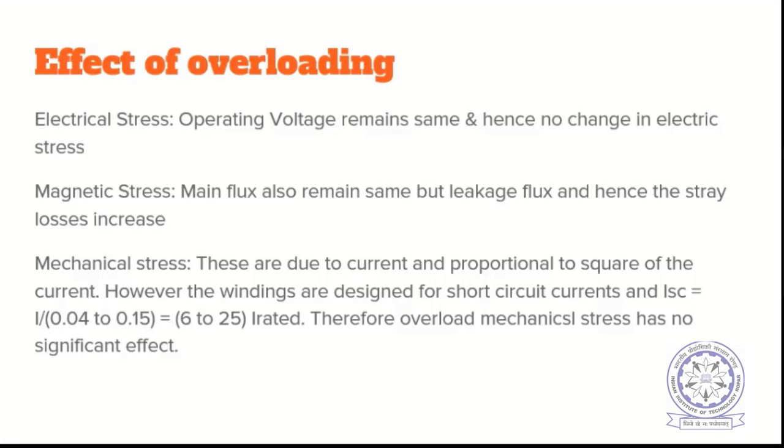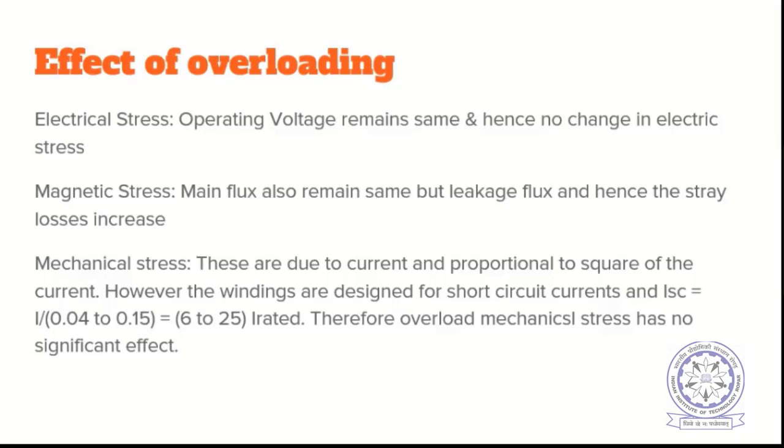So that is true. Since the main flux is linking both the windings, and one winding is primary and another is secondary, which have currents in opposing direction, creating flux in the opposing direction, counter flux will be there in case of main flux.